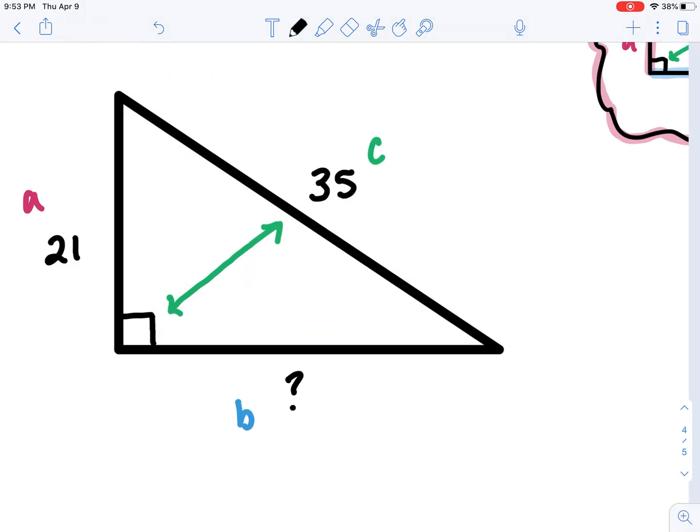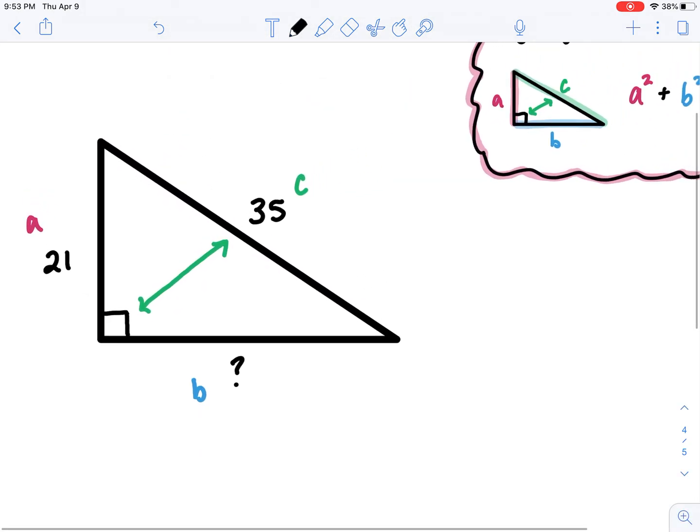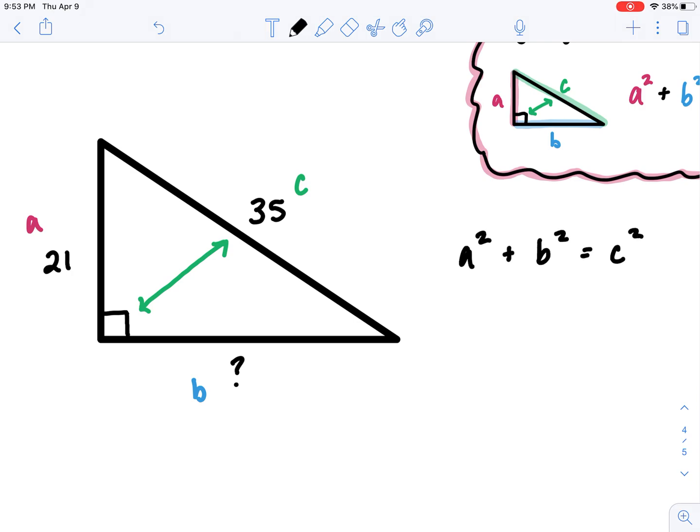Okay, once we pick our sides, we can write down our formula. We know A squared plus B squared equals C squared. And then we're going to plug in our A, B, and C. A is 21, so in our formula, I'm going to replace A with 21. I get 21 squared.